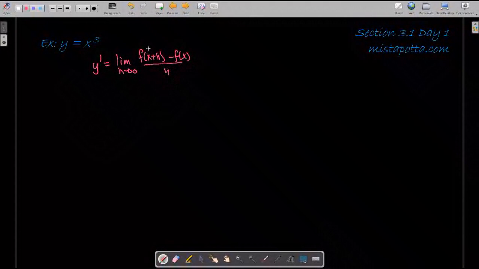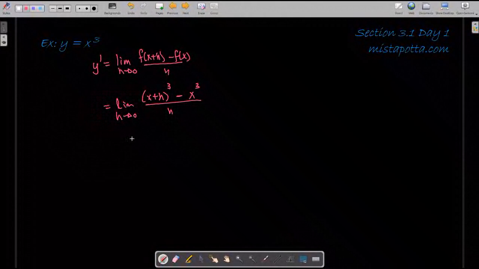So I need to evaluate x plus h cubed minus x cubed over h as the limit as h approaches 0.